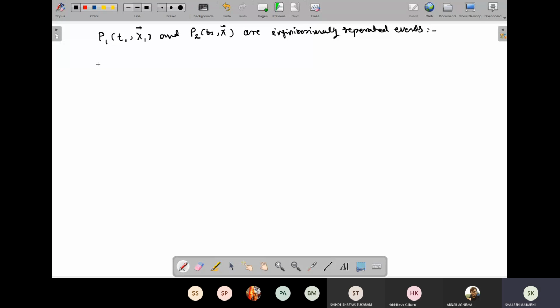It means that the spatial distance between them is infinitesimal, and obviously they are also infinitesimally separated in time. So we will have an infinitesimal interval that I am writing as ds square, which is c square dt square minus vector dx square, where this dx is defined through your limiting procedure.